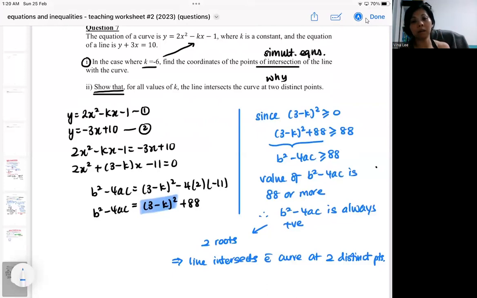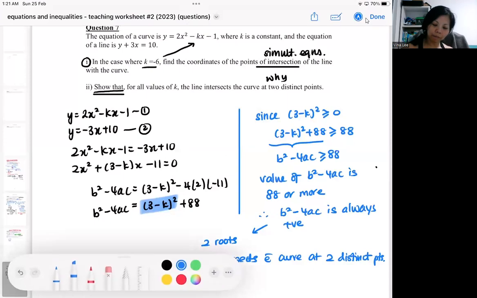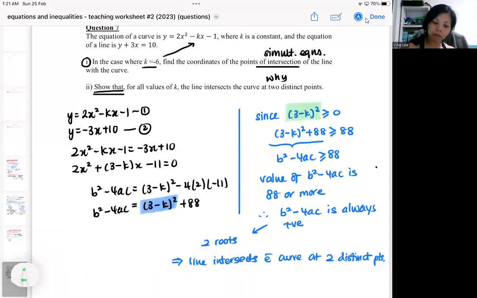So I've got to explain the expression first, the (3 minus k) squared expression. In the previous one, my discriminant is 0, so I just have to explain that a discriminant of 0 is an indication of one root. In this case, you must explain why it always ends up positive, because it comes from the idea of squaring. So this is always positive.